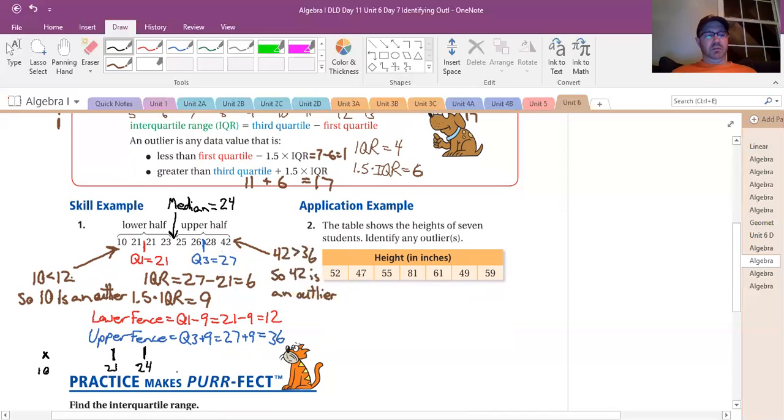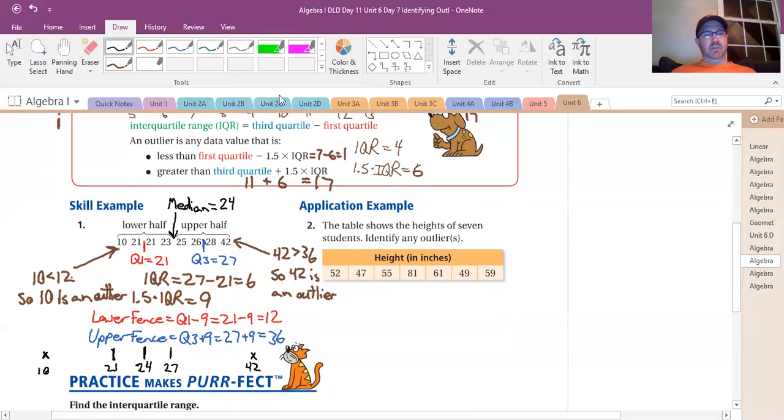And then my Q3 was 27. All right, so this is nice and evenly spaced right here. Okay. But then my maximum was 42, and 42 is way up here. We'll say it's right there. 42 was also an outlier.